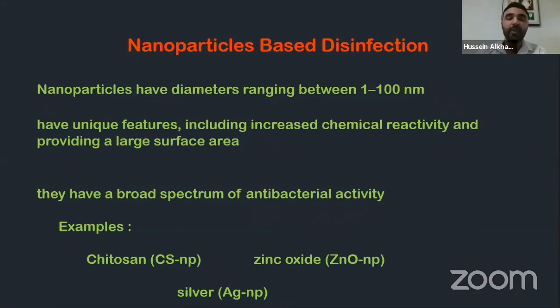They possess unique features such as increased chemical reactivity, and they also provide a large surface area and a broad spectrum of antibacterial activity. For example, regarding nanoparticles-based disinfection, we have chitosan, zinc oxide, and silver nanoparticles.